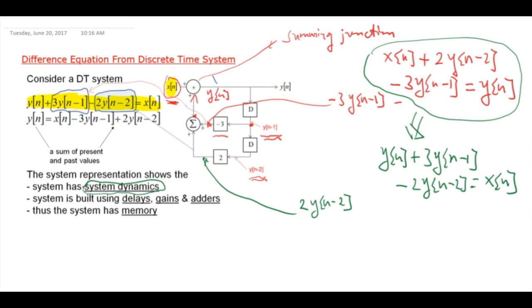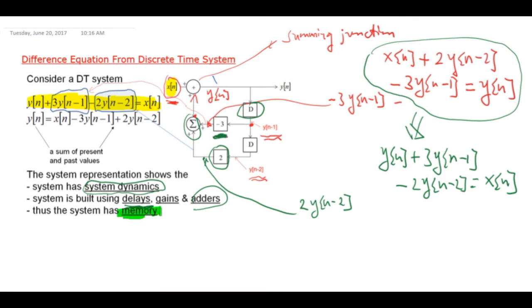And you're also saying that this system is built from delay. That's the delay we are talking about. The gains, that's the gain we are talking about, minus 3 times and 2 times. Adder, we also have the adder. This is the adder. Now, another interesting thing is the memory.